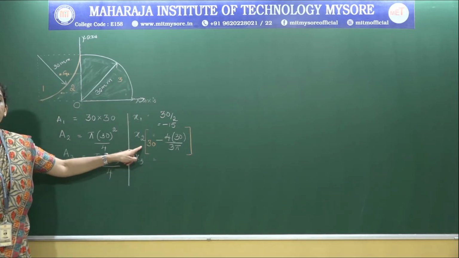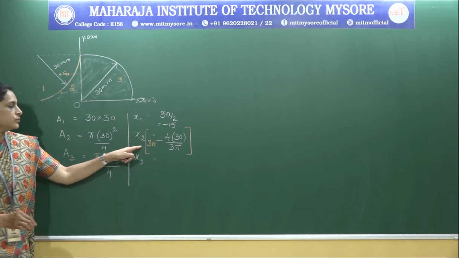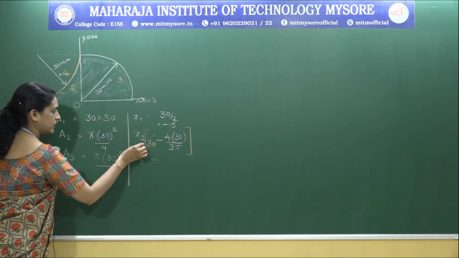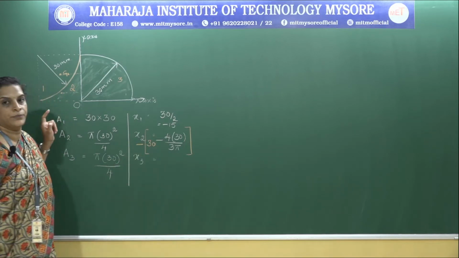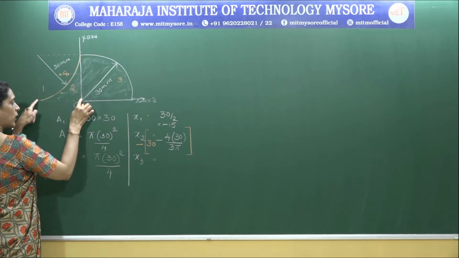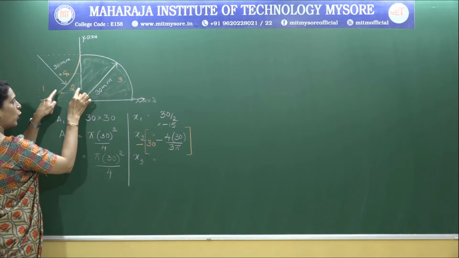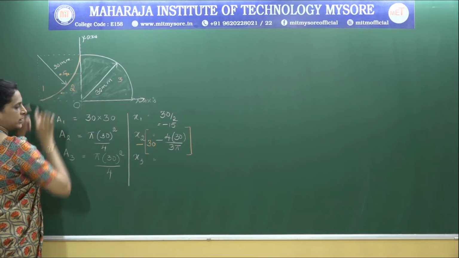Again, what is the next thing that we are supposed to consider? It is the negative sign, right? So, from the overall area of a rectangle, we are considering only the quadrant of a circle.